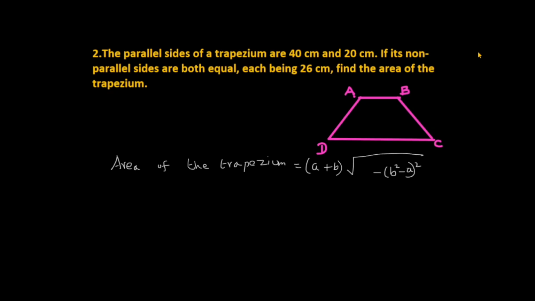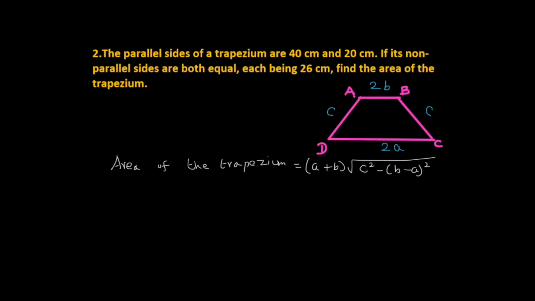Area is equal to a plus b into square root of c squared minus (b minus a) the whole square. So for this we need to take our trapezium sides. The longer side is 2a, the shorter side is 2b.